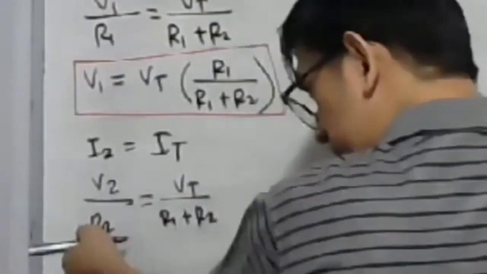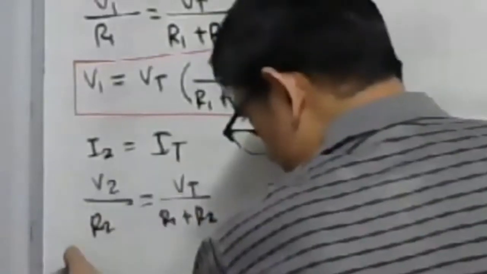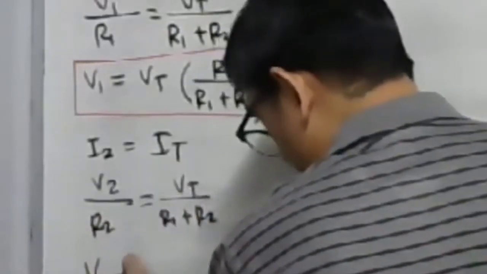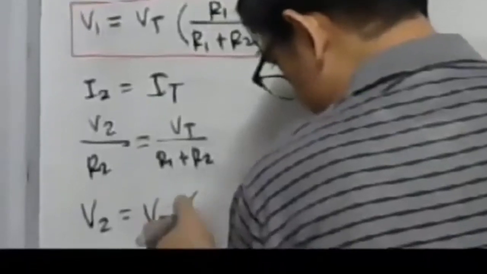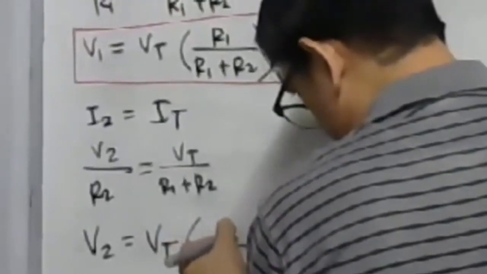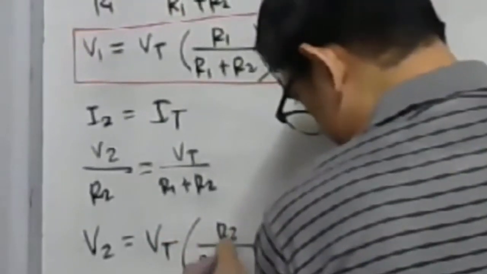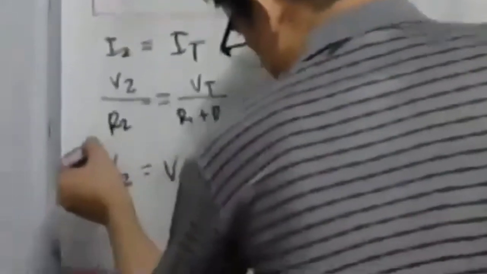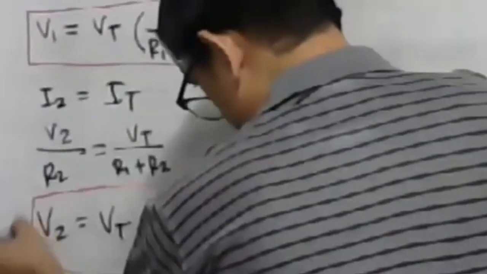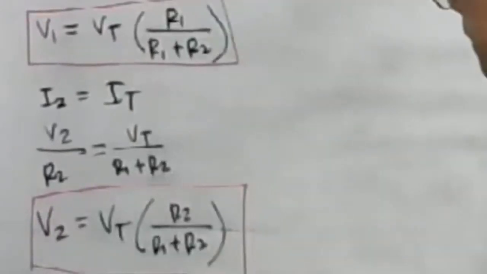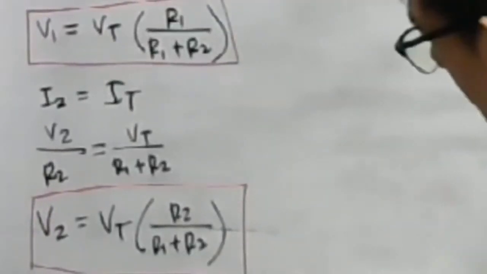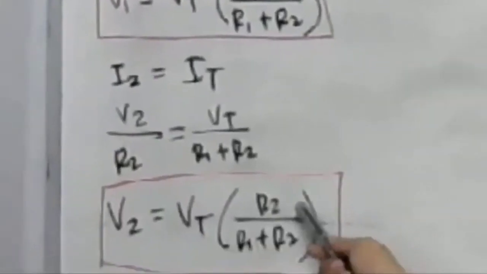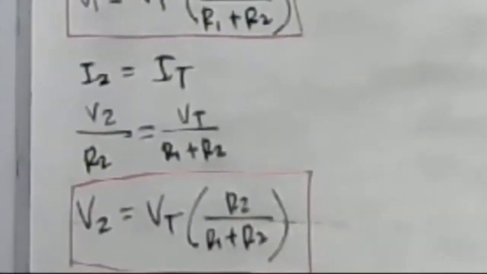So we cross multiply R2 so that our V sub 2 is equal to Vt multiplied by R sub 2 over R sub 1 plus R sub 2. So we come up with this equation: V2 is equal to Vt R2 over R1 plus R2.